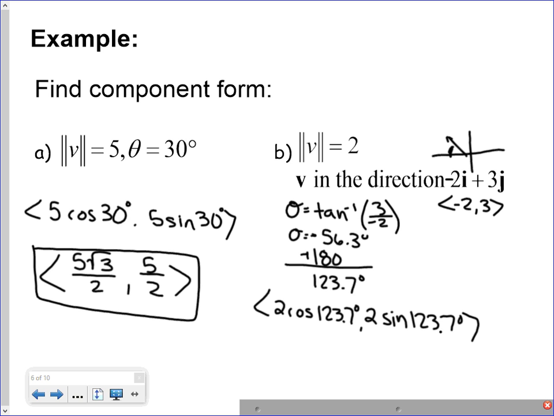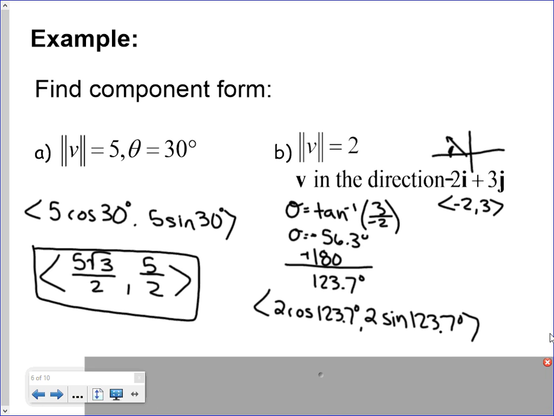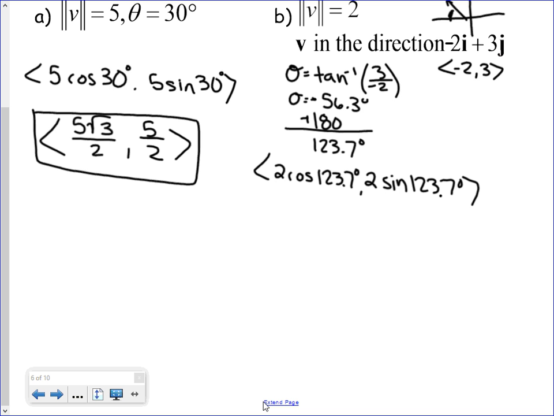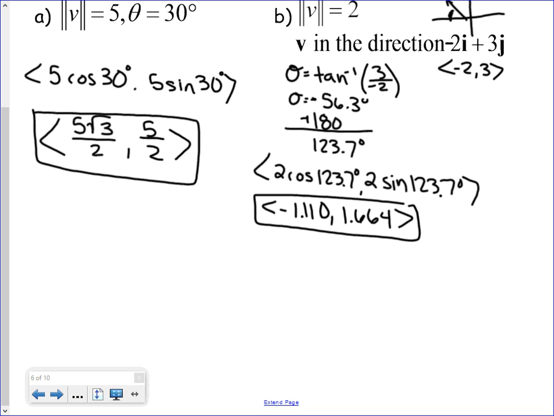So I would definitely use my calculator here. I get something like negative 1.110 and 1.664. So that's an example. It's okay to round. It's okay to use your calculator and get non-exact answers in these cases.